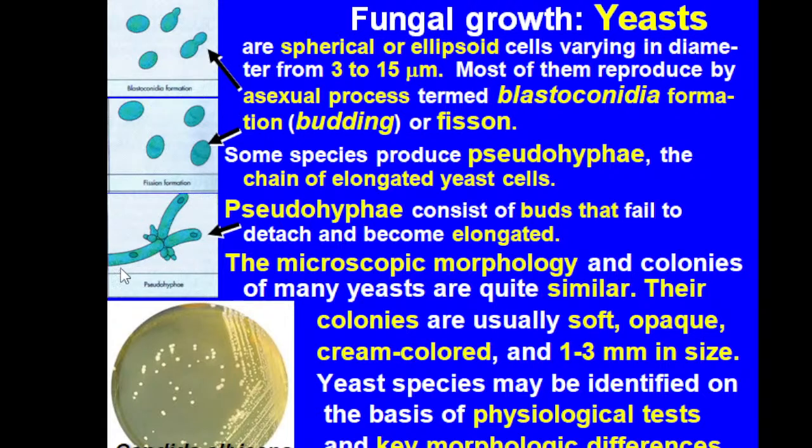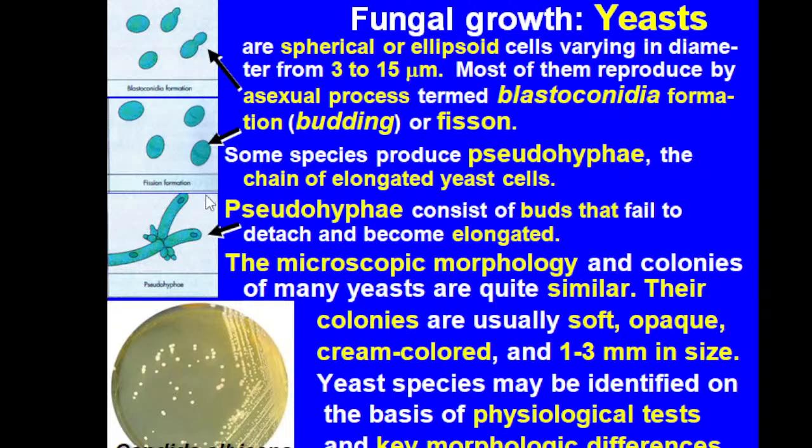And the elongated cells may stay attached. So then, when they stay attached, they form structures that are usually termed as pseudohyphae. Why pseudohyphae? Because it consists of buds that fail to detach, but every bud is a one single cell. Because these are not multicellular organisms, they are unicellular organisms.